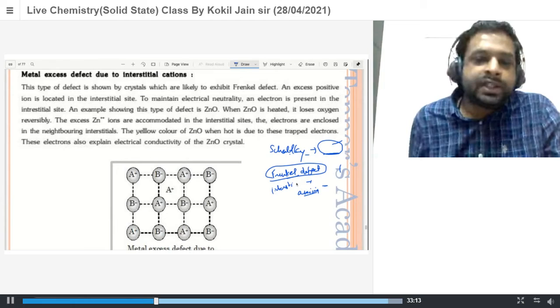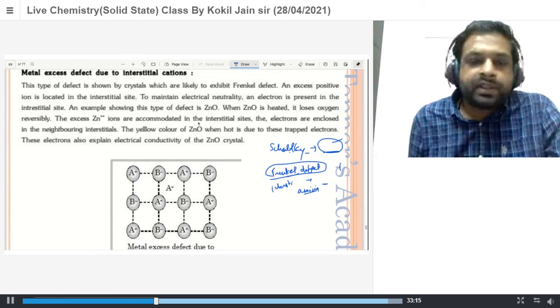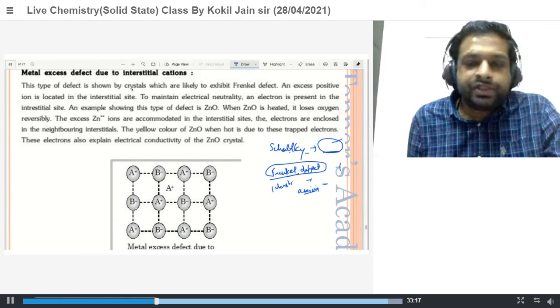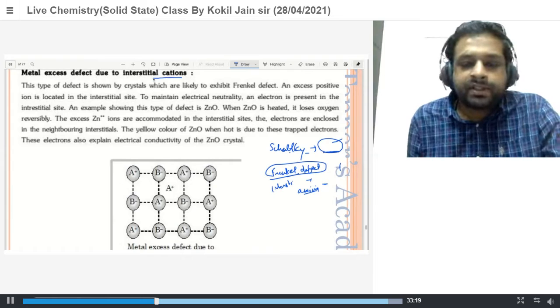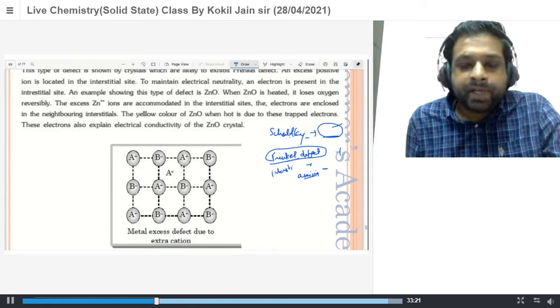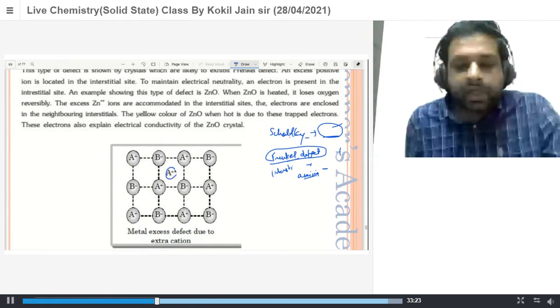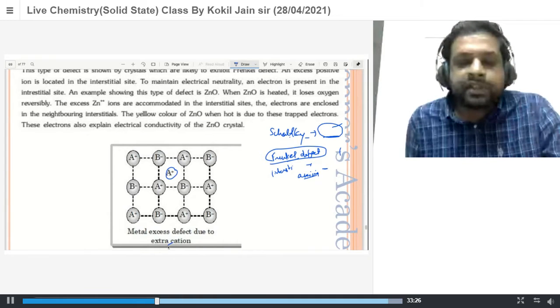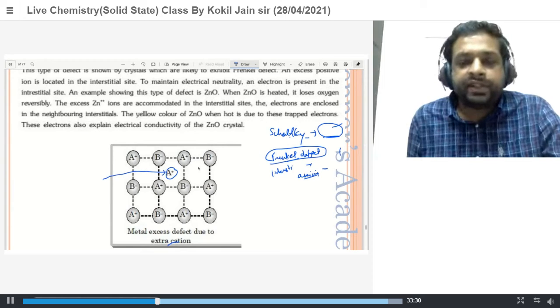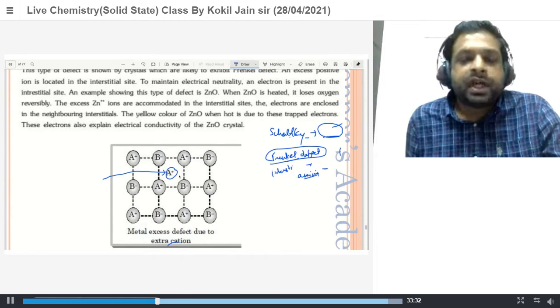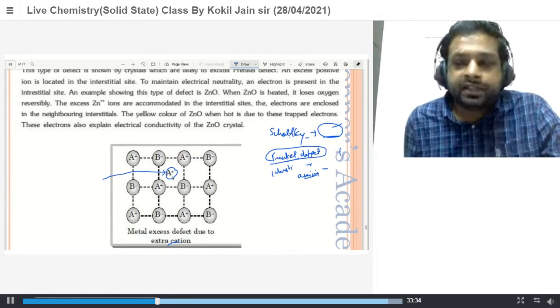Now, this type of defect, where there is a defect due to interstitial cation, is a metal excess defect due to extra cation in some interstitial positions here. Just like the Frenkel defect, interstitial positions are having extra cation here.